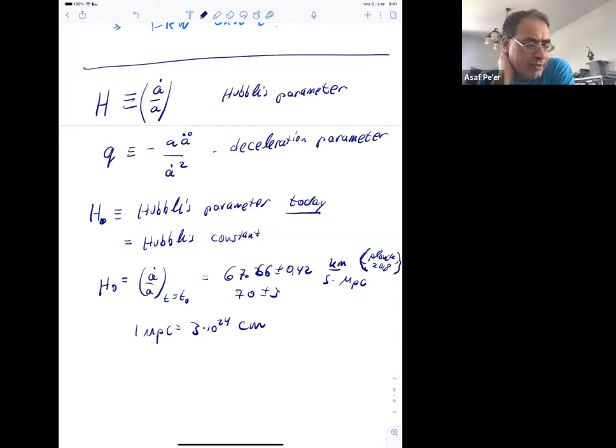Why is that of interest? We'll get to that in a few minutes. The 70 is from another dedicated satellite mission, called the WMAP mission. We've studied the cosmic microwave background fluctuations. Don't know if we'll have time to discuss them this semester.